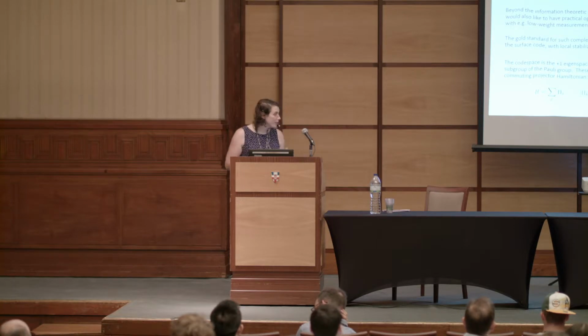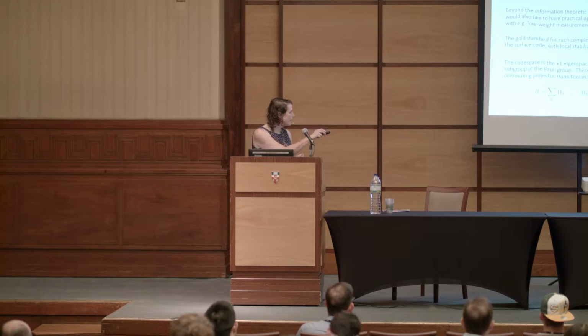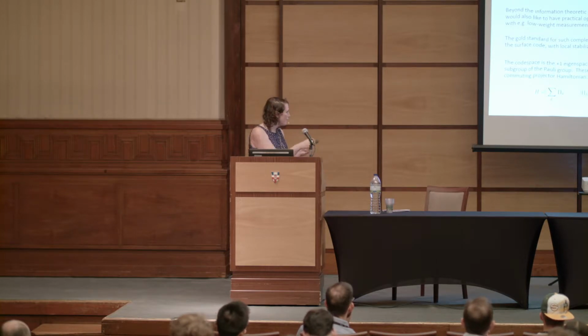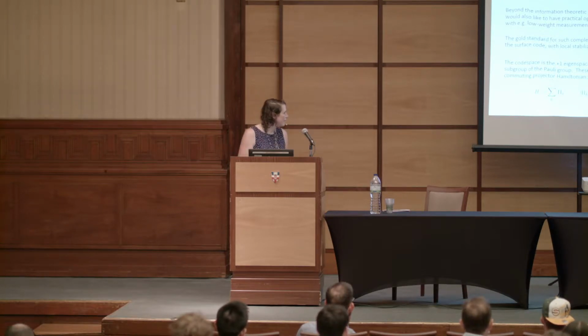So if you have a code with local stabilizer generators, then the code space, of course, is the +1 eigenspace of a set of Pauli terms that generate an abelian subgroup of the Pauli group. So therefore, if we turn those Pauli terms into projectors, then we have a commuting projector Hamiltonian that enforces the code space as its ground space.